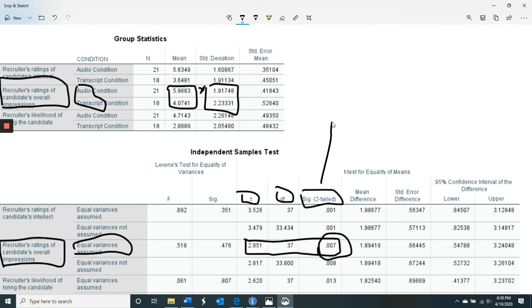You're supposed to divide it by 2 to get the specific one, but then we have 0.0035. So in this case, we have a 0.35, so a 35th of a hundredth percent chance of making a type 1 error. So this sig is definitely less than 0.05. And so we reject the H0.